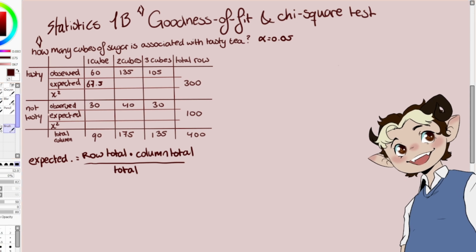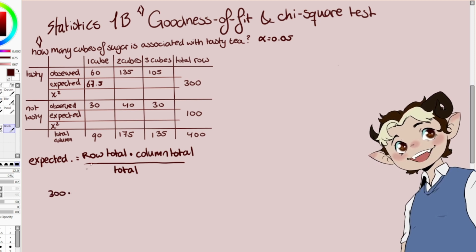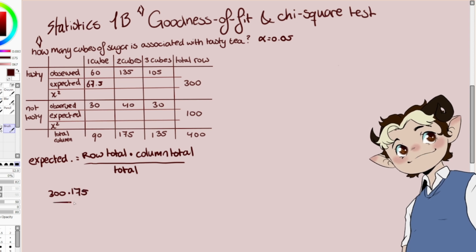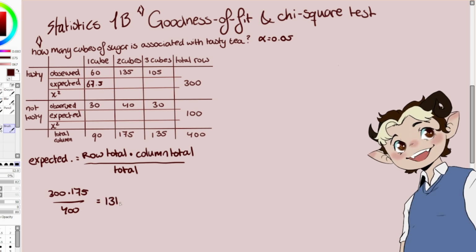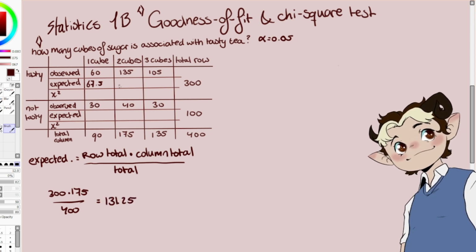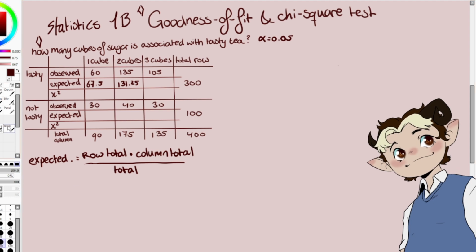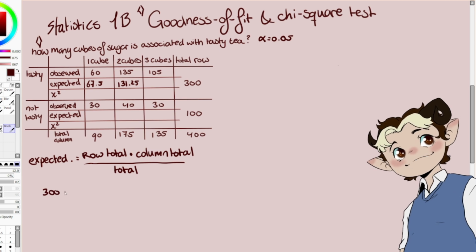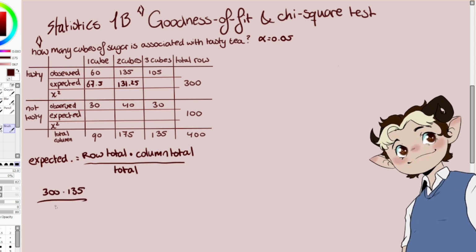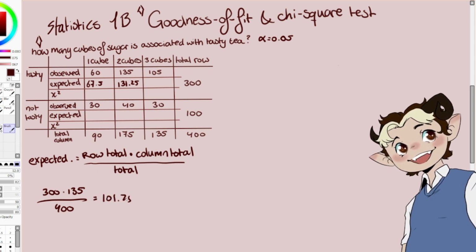Now let's move on to 2 cubes, which is 300 times 175 divided by 400, which is 131.25. There we go. Now let's move on to the 3 cubes. So that is 300 times 135 divided by 400, which is 101.25.